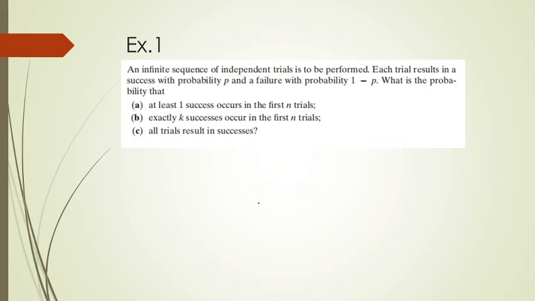Now let's check part B, okay? Exactly k successes occur in the first n trials.